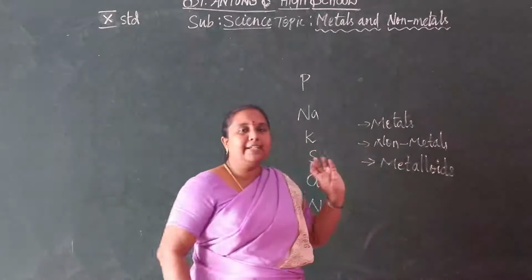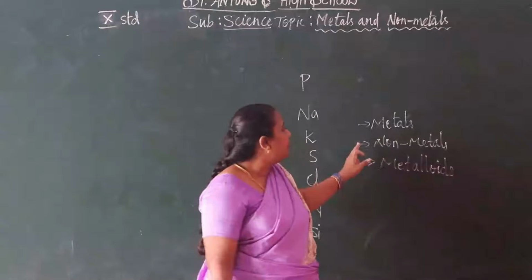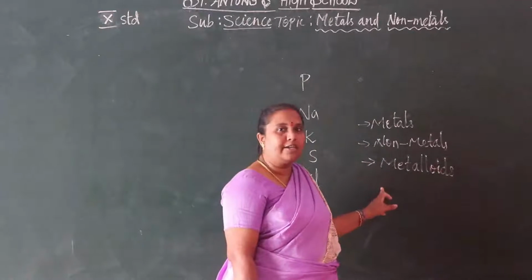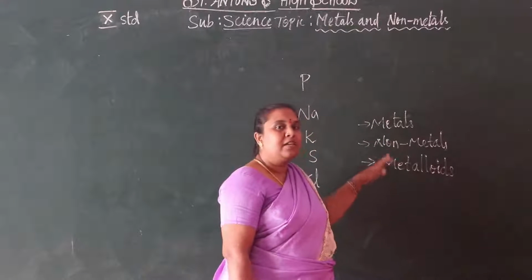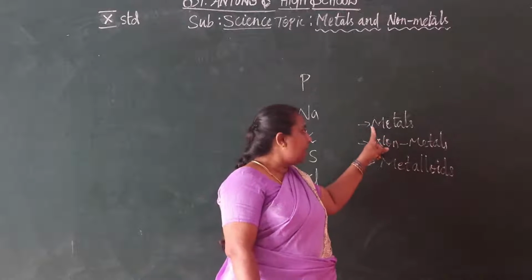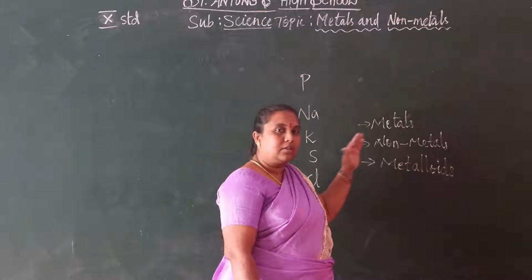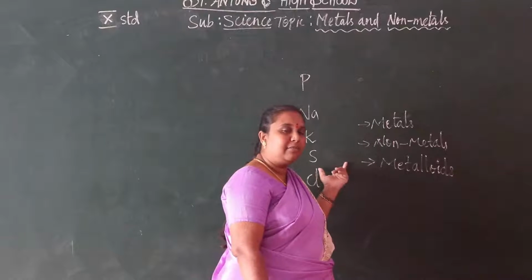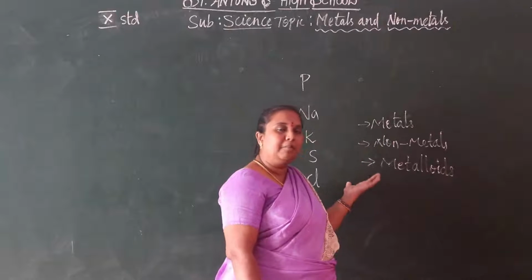So we have three types of elements. What are those? Metals, non-metals and metalloids. Say with me again. What are the three types of elements? Metals, non-metals and metalloids.